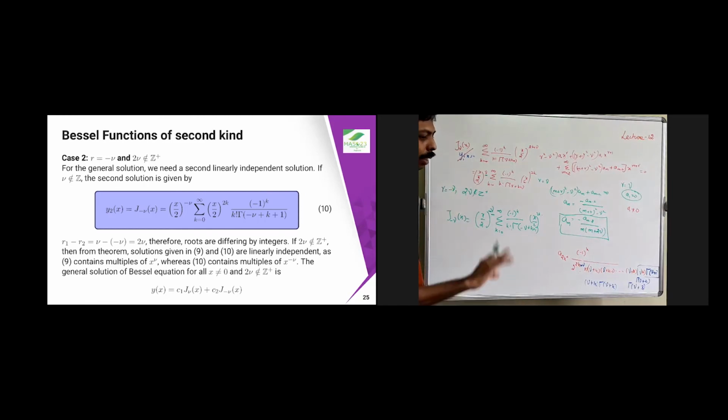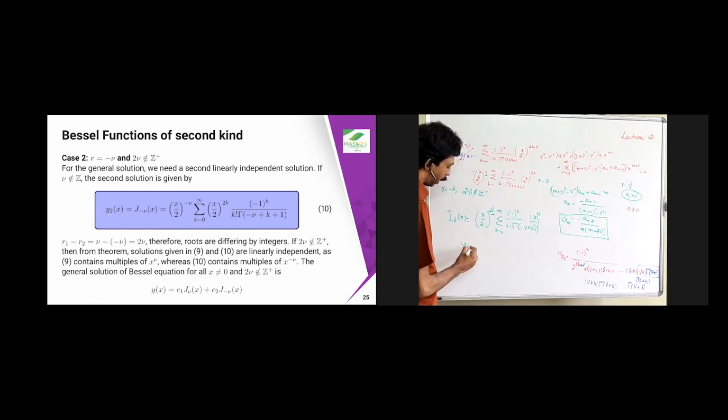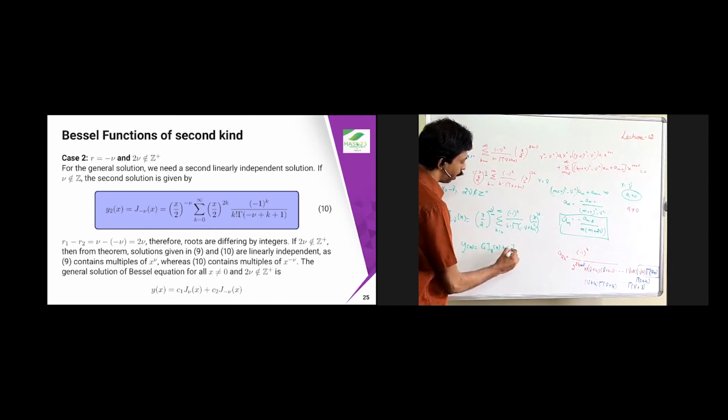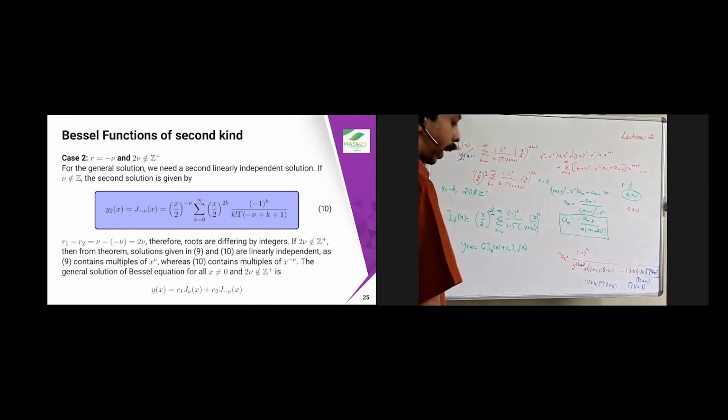We'll see that in the next one. In this case, I can write y of x as some c1 into J nu of x plus c2 into J minus nu of x.